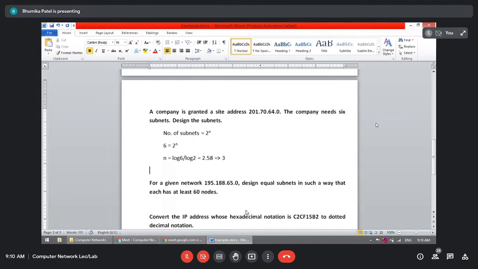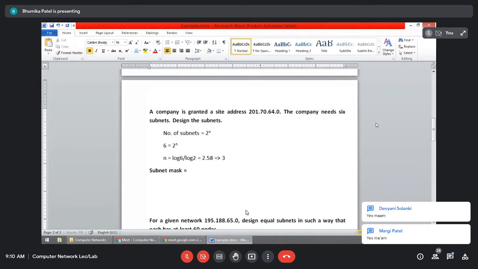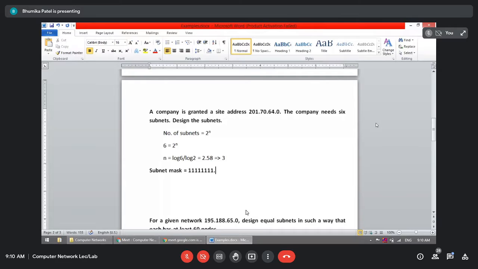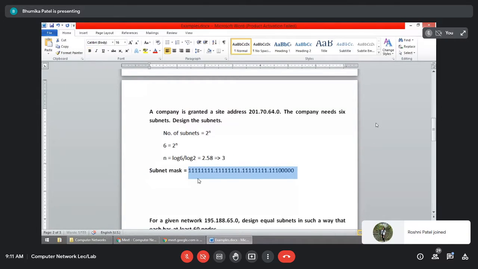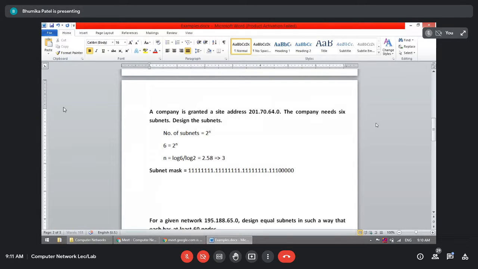Okay, so the subnet mask equals 11111111.11111111.11111111 dot again 111 for the last octet, and these 3 ones will be there and the remaining 5 bits will be 0. So this is the subnet mask.